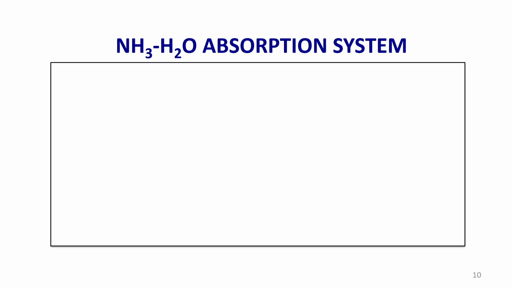So the compressor is replaced by a set of heat exchangers. Let me write it. In vapor compression system, let me write it VCR. VCR is vapor compression system and VAR is vapor absorption system.